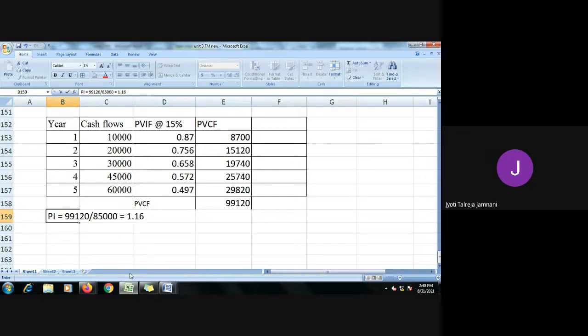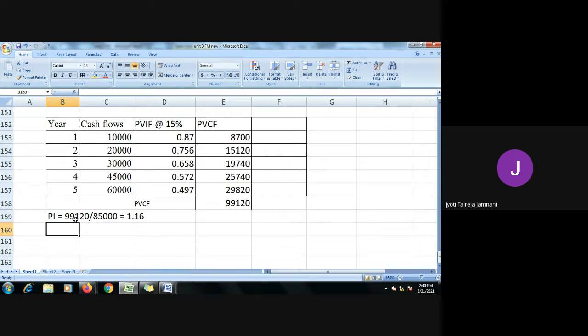So here profitability index is greater than 1, therefore we accept the project because we are earning more than what we are investing. We are earning 99,120 and we are investing 85,000. So as profitability index is greater than 1, we accept the project. Then now let's go to the discounted payback period.